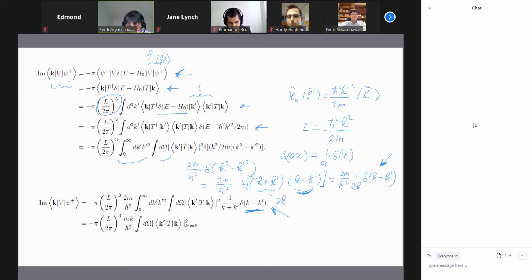And the angular part we cannot do because we don't know what T is. T is a general thing. But we have to then calculate this for k prime equal to k. So the magnitude of k prime must be equal to the magnitude of k. So that's why we need this condition here.